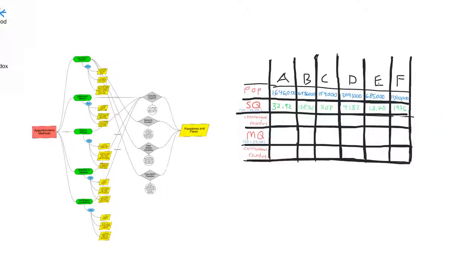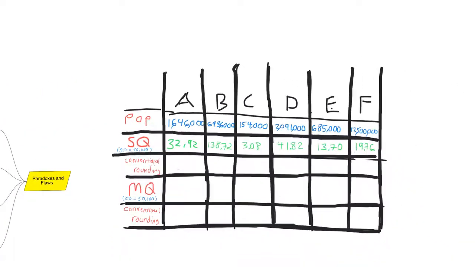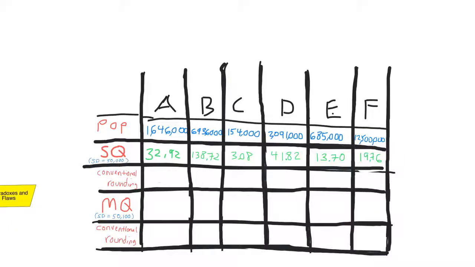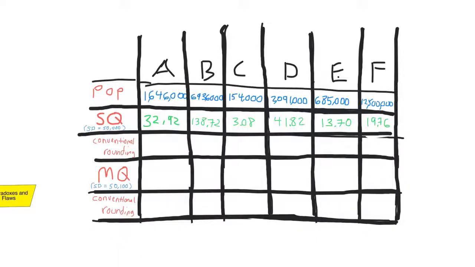Okay, so looking at this chart right here, once again we have the population on the top row for each state, all the way across here. And now we're going to look at the Webster apportionment, where you could always start with the standard quota, which is the quota that you would get when you use the standard divisor. And as you may recall from the first chart that we made for the Hamilton method, the standard divisor is 50,000.